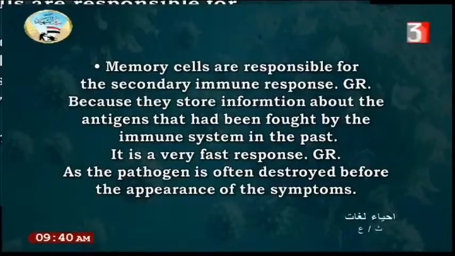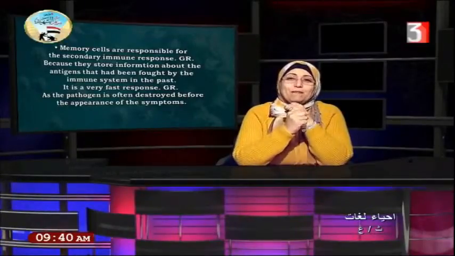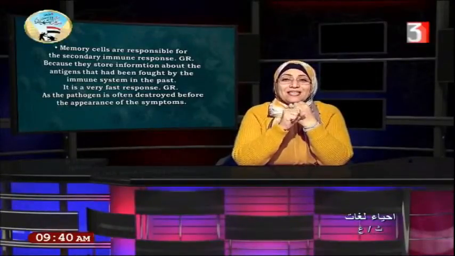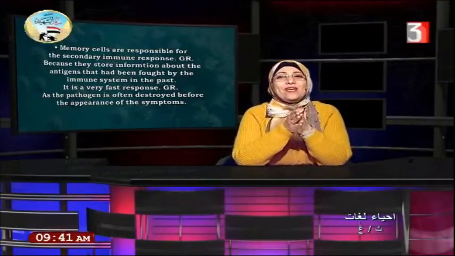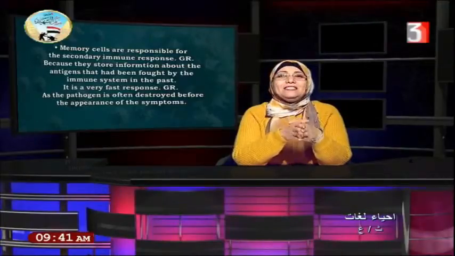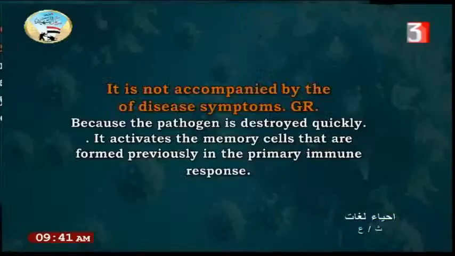Take care that there are two types of this infection. The first type: the body succeeds in overcoming the infection, and this occurs before the antibodies are formed. There are no symptoms of the disease because the pathogen is destroyed quickly. This happens for some persons, as seen by blood analysis.